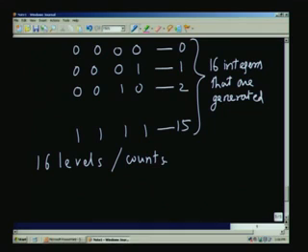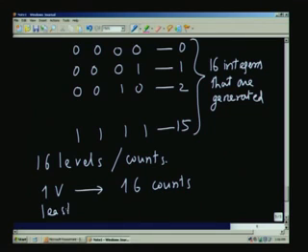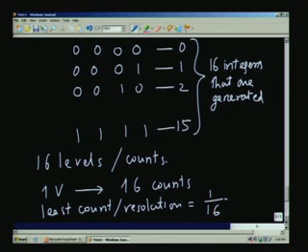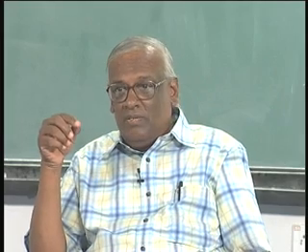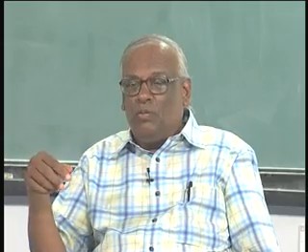There are 16 possible counts. If 1 volt corresponds to 16 counts, the least count, also called the resolution, is 1 over 16. That means the steps by which I can measure the voltage are 1 over 16 volts.